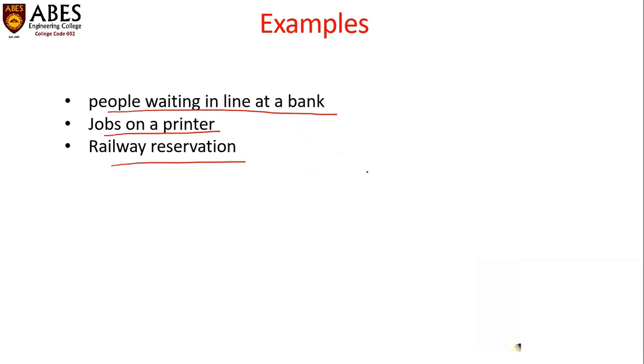Then the person sitting at the counter will entertain the person at the first position in that line, and that person will be served first. It means that person will leave the queue first. That's why it follows the first in, first out policy. Similarly, for the jobs on a printer and for the ticket counter at a railway reservation.